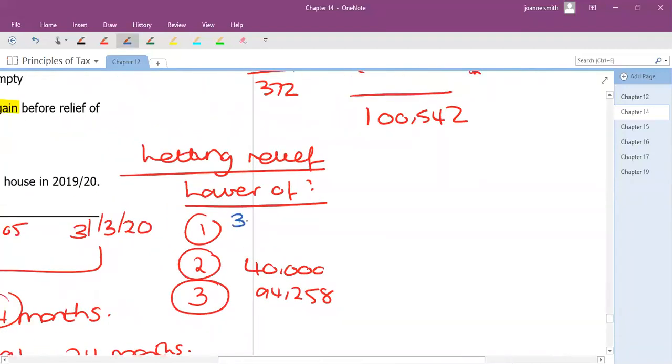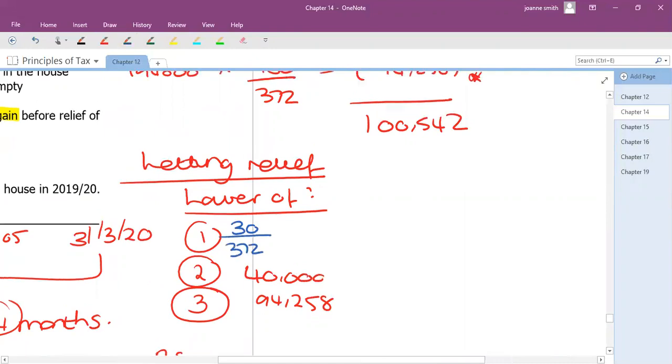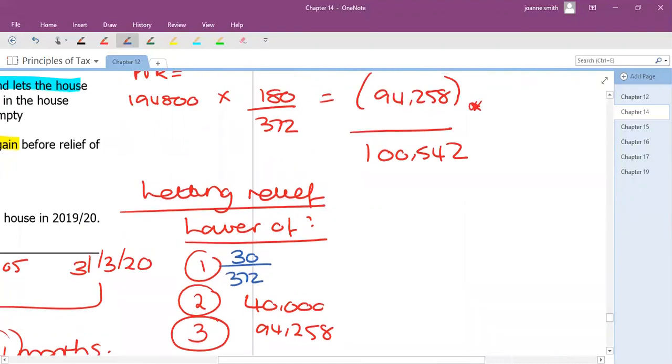So 30 months out of 372. Okay, we're using the same ownership of what we've got here, of the original gain. So you're still using the same gain because that's what you're trying to pro rata. And that gives me a figure of 15,710, which does happen to be the lower figure.